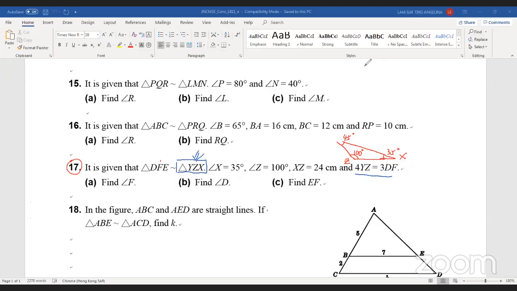I write here 4 YC equals 3 DF. Now here we usually compare the two sides of the triangle, and we compare by doing a division. Remember, we did just now. Therefore, now I am going to rewrite this one like that.